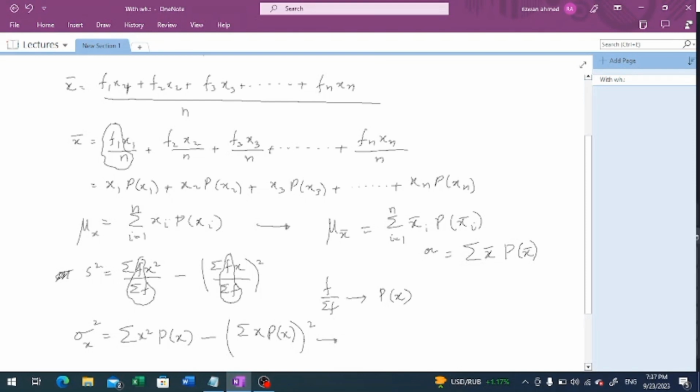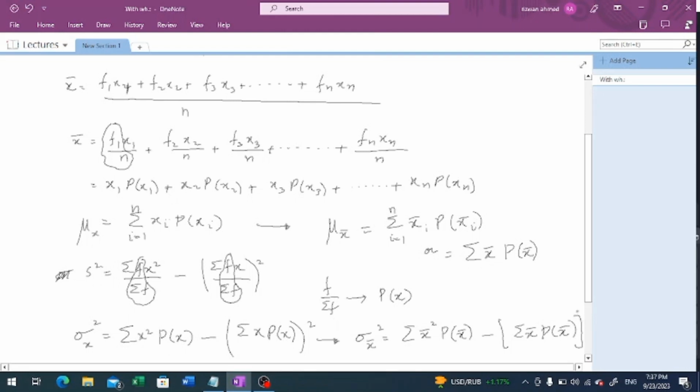Synchronizing this variance formula with our situation, in a similar way to what I transformed earlier on, sigma of x bar squared can be computed or represented as summation x bar squared times p of x bar minus the whole square of summation x bar times p of x bar.